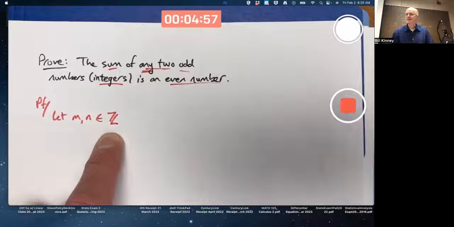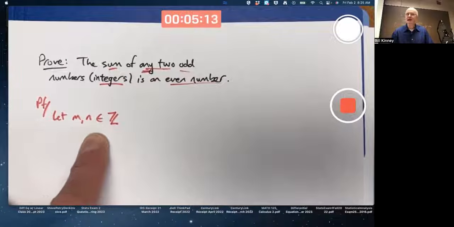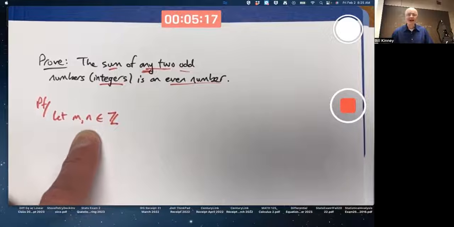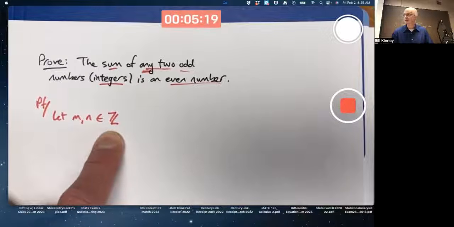Z stands for Zahlen in German, which is basically a word for number. So I think it's a German thing, but we will use it a lot in this class. This is shorthand for saying, let m and n be arbitrary integers. Let m and n be elements of the set of integers, is what this means.